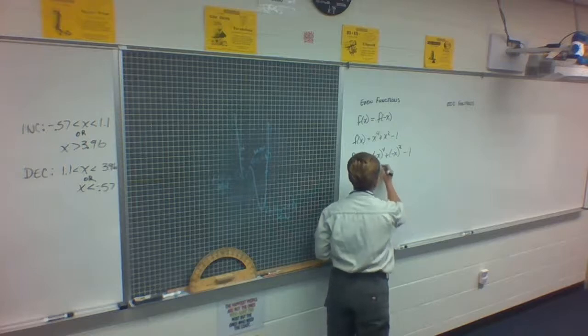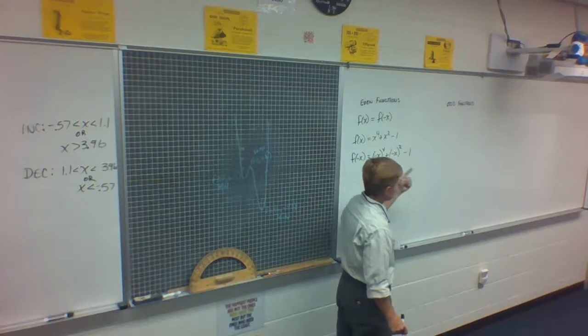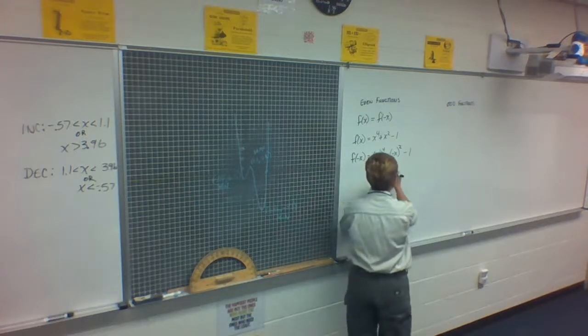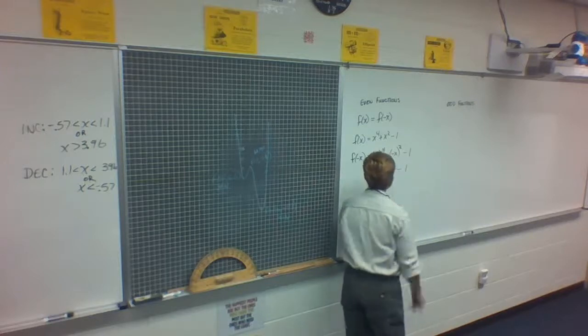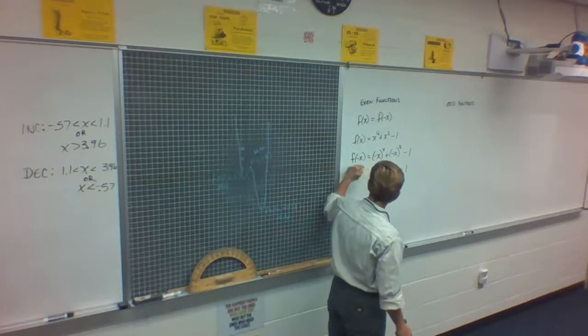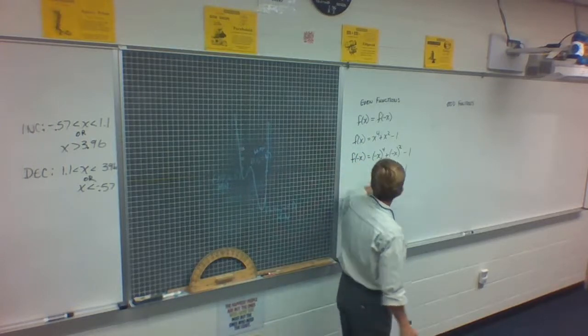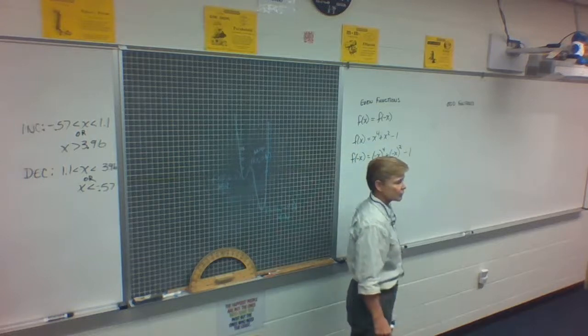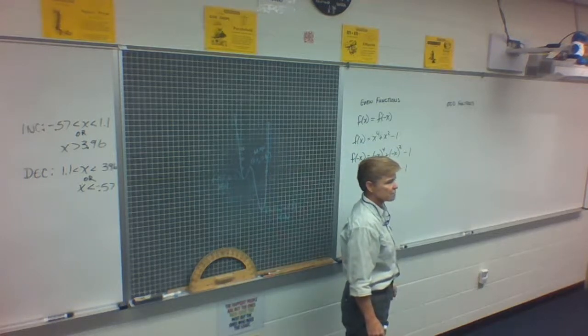Positive. This is negative x times negative x, which is what? Did we get exactly the same thing back? We sure did. That's evidence that it's even. Because when you plug in negative x, you get exactly the same function that we started with, which is f of x. Following that?